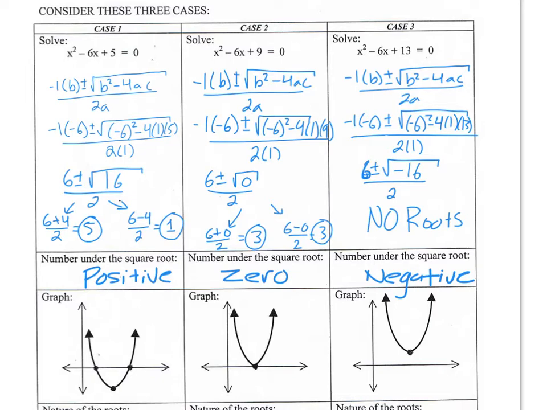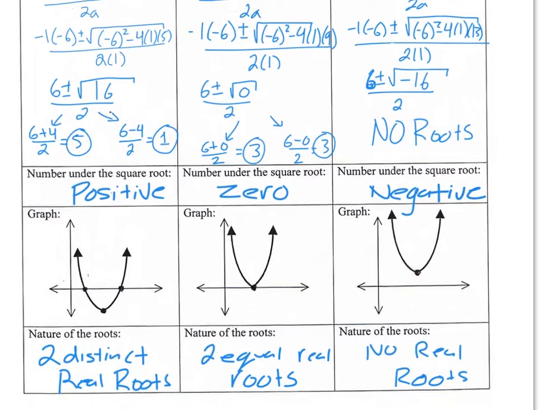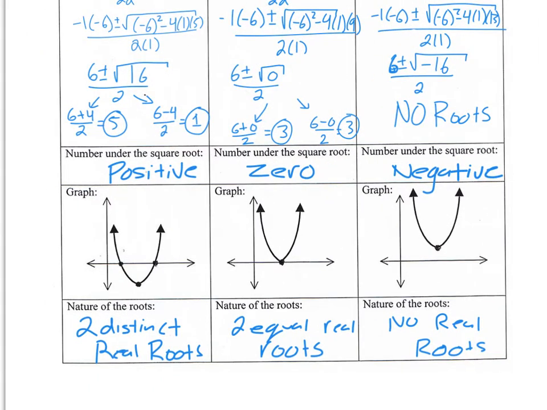So by looking at this, we can see that a positive number underneath our square root will produce two different, we're going to call them distinct, real roots. That means that they exist.